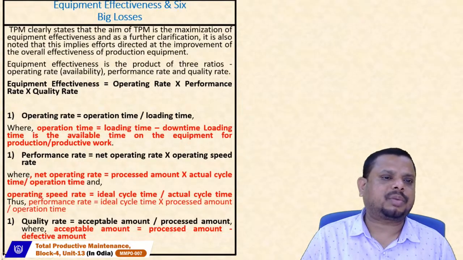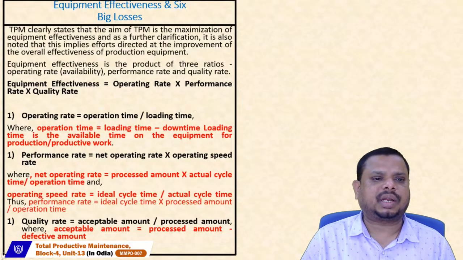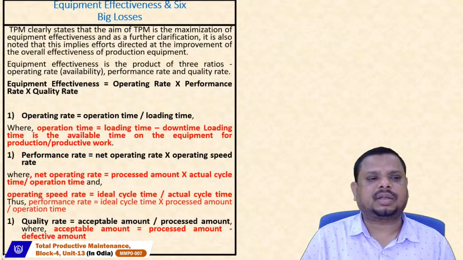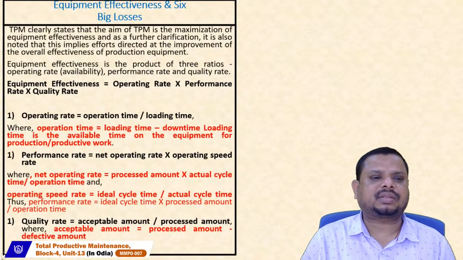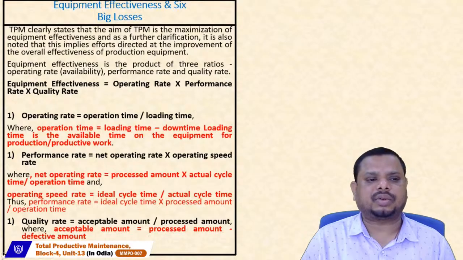So the first important part of TPM is that it basically maximizes equipment effectiveness and improves the overall effectiveness of the production equipment. Equipment effectiveness is the product of three ratios. They focus upon operating rate, known as availability, performance rate, and quality rate.